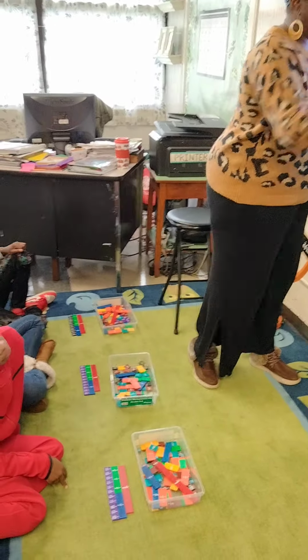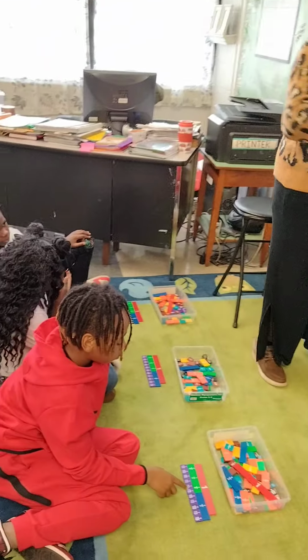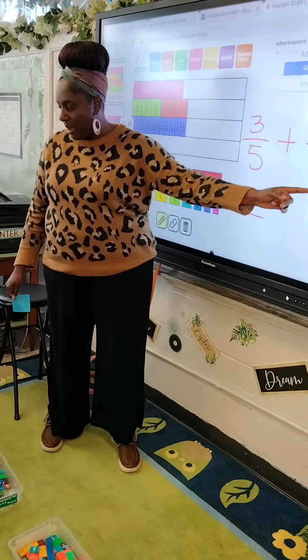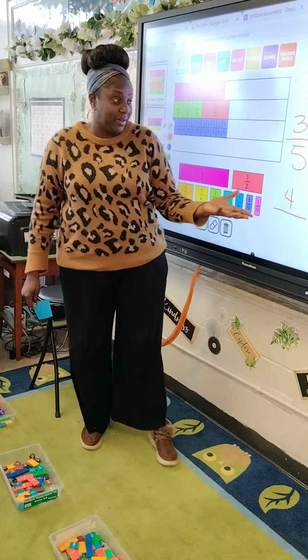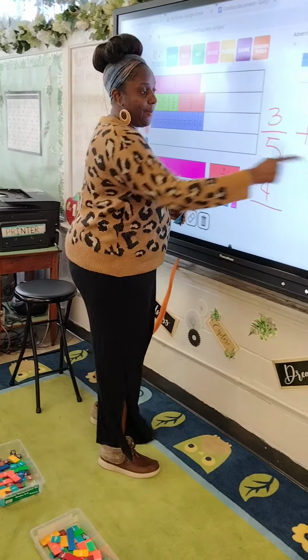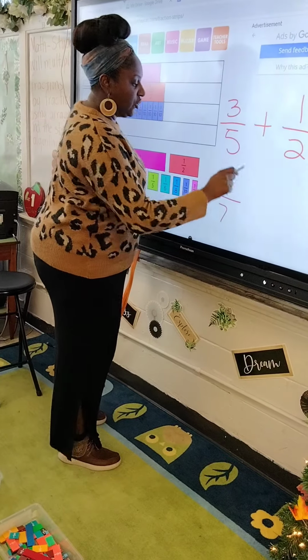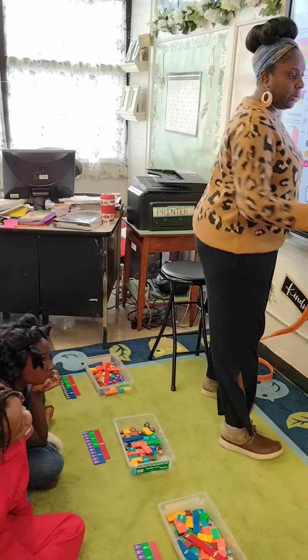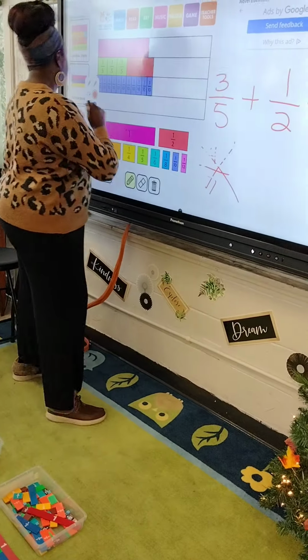If we see that one of them is wrong, do I need to test the denominator? I really don't. But if I want to test it, 5 plus 2 is 7. That's not 10. So you never add straight across when you add fractions. I want to stress that.